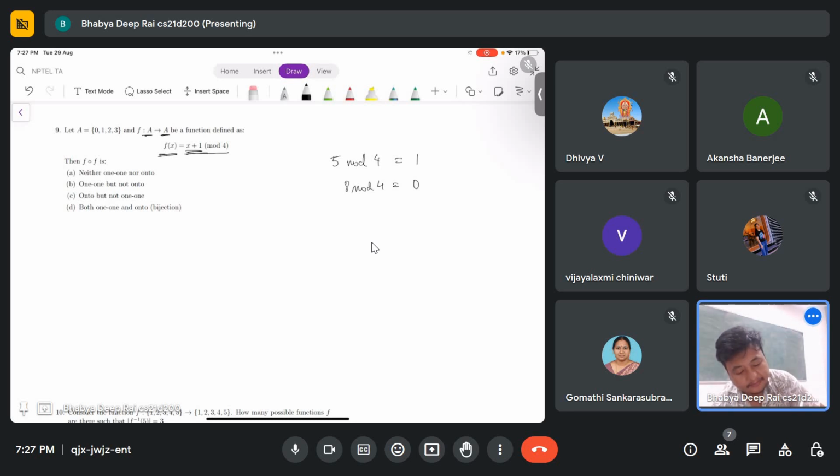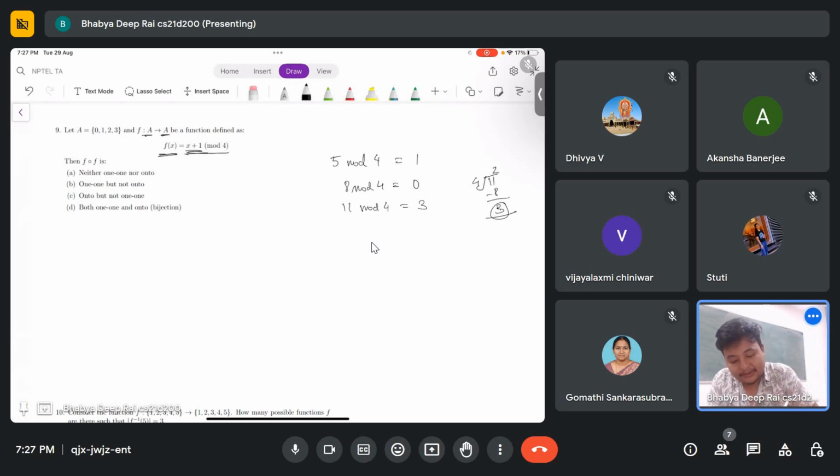Similarly, 11 mod 4 equals 3, because on dividing 11 by 4, 4 twos are 8, will leave a remainder 3. So mod 4 just represents remainder on dividing by 4.